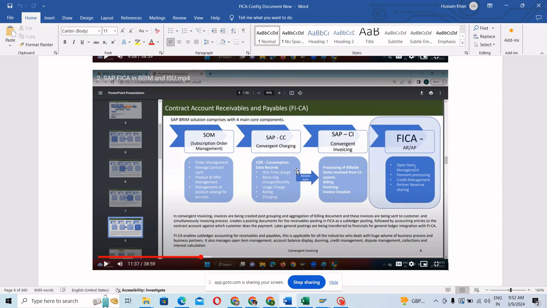Whatever the cycle can be, based on that, there is a recurring flow of that payment. And FICA is basically to take care of the huge number of receivables. So that is the reason why FICA came into the picture. It's mostly about open item management, payment processing, credit management, and partner revenue sharing. So we will be discussing all this in detail.